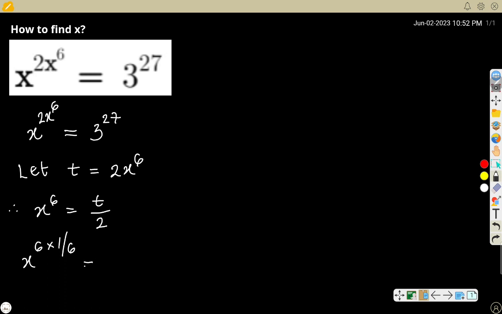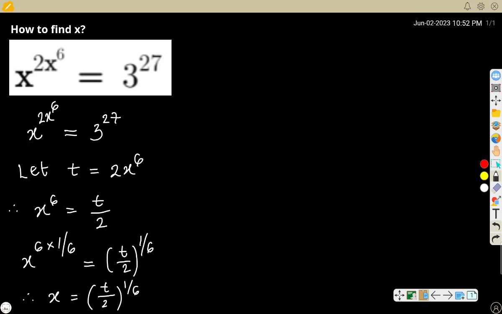So this will be equals to t over 2 raised to power 1 over 6. So s will be equals to t over 2 raised to power 1 over 6. So that will be the value of s.